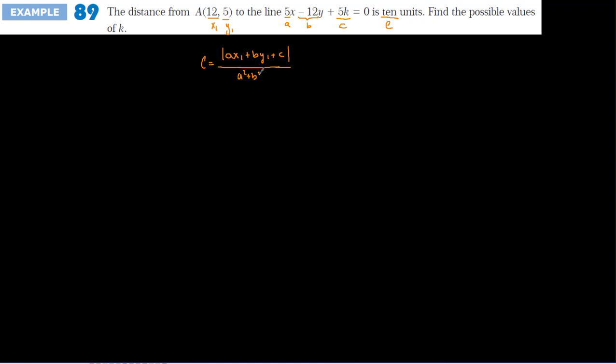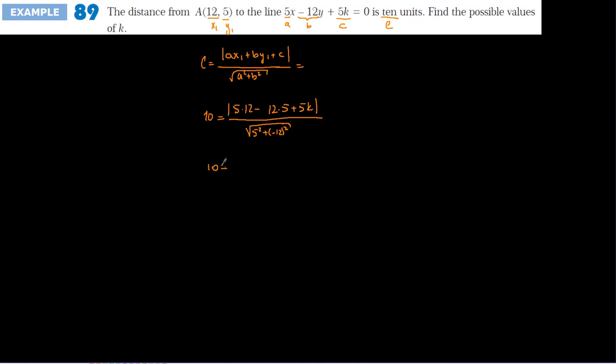The formula was that, and L is equal to 10, it is given. Then A is equal to 5 times 12, minus 12 times 5, plus 5k, all over the square root of 5 square plus minus 12 square.